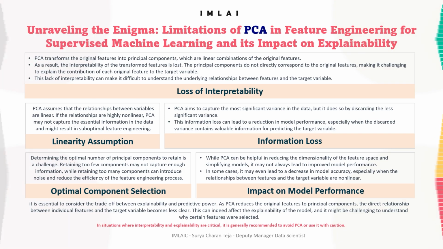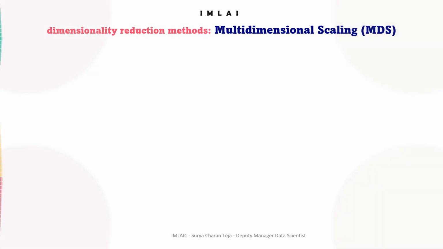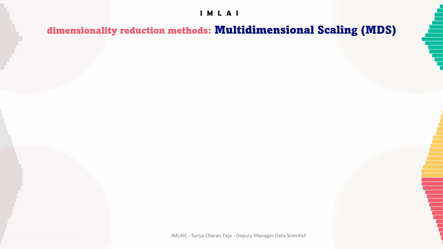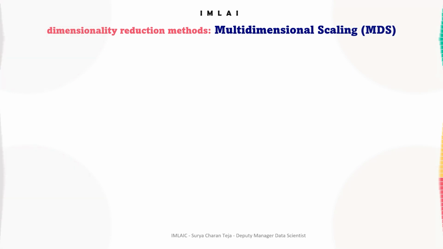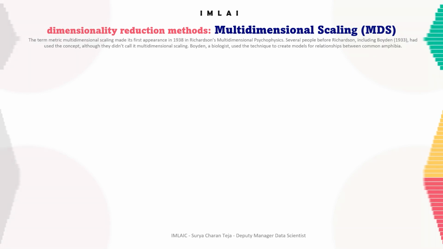So with this, we can move on to another type of dimensionality reduction method, which is multi-dimensional scaling, MDS. The term metric multi-dimensional scaling made its first appearance in 1938 in Richardson's multi-dimensional psychophysics.